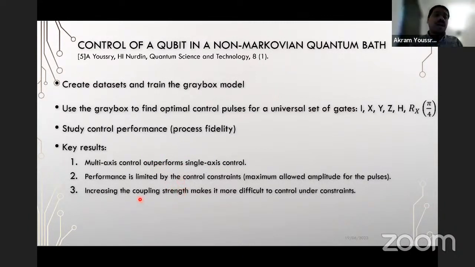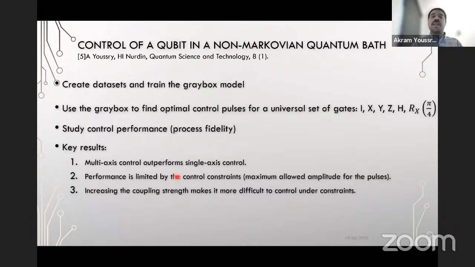Okay. The other thing we noticed is that the control constraints, like the maximum amplitude, also affect the performance, which we would expect anyway. If your pulses are limited, then your fidelity is also limited. And this reminds us again of the idea of the engineering cycle.